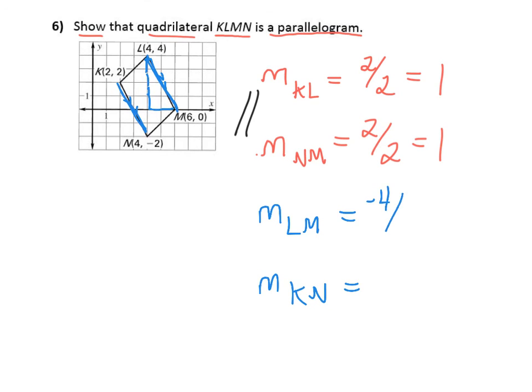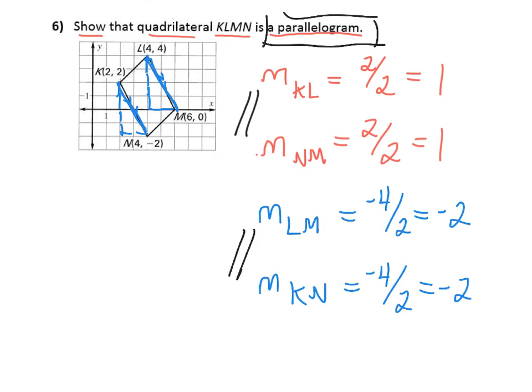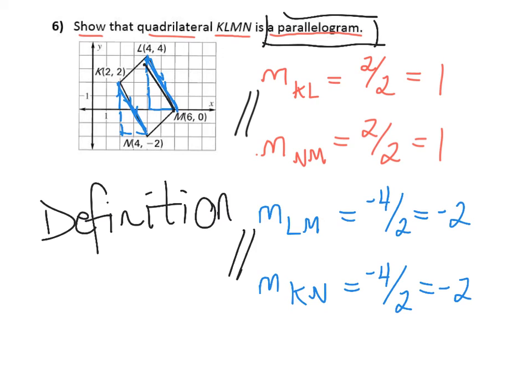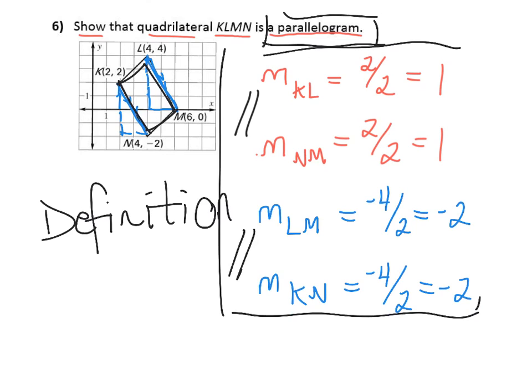So negative 4 over positive 2, which is going to give me negative 2. And lastly, for KN, looks like the same deal. I'm going down 4, right 2, which gives me negative 2. So now I've shown that these two are parallel. So my reason then for this being a parallelogram is essentially I'm just using the definition. The definition of a parallelogram is the opposite sides are parallel, and I just showed that by finding all their slopes.